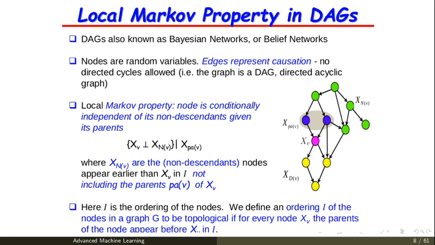If you think of the topological order, the non-descendants will have numbers, but they are basically anything before the parents in the order. These are the non-descendants, and so if I know the values of the parents, xv is independent of the non-descendants.